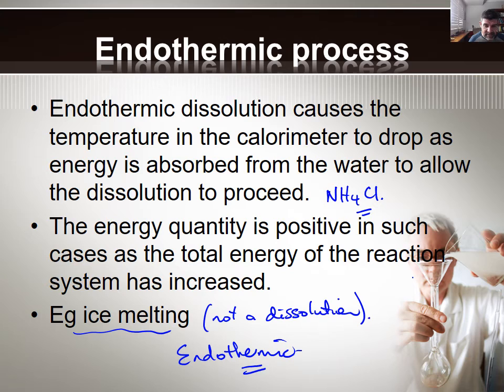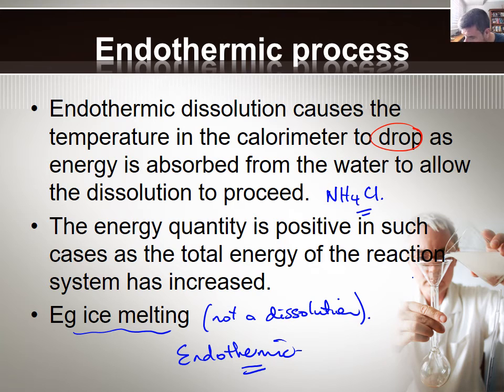So think about that as a concept, and then look at the fact that there are certain types of solutes that we can dissolve in water that will cause the temperature to drop. That is, energy will be absorbed from the water in order for the dissolution to proceed.